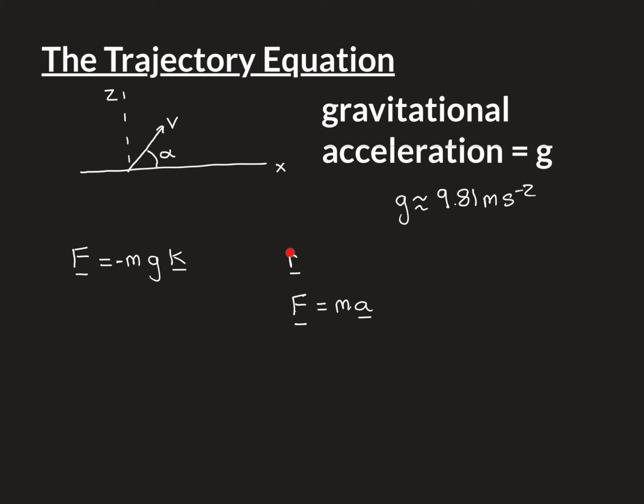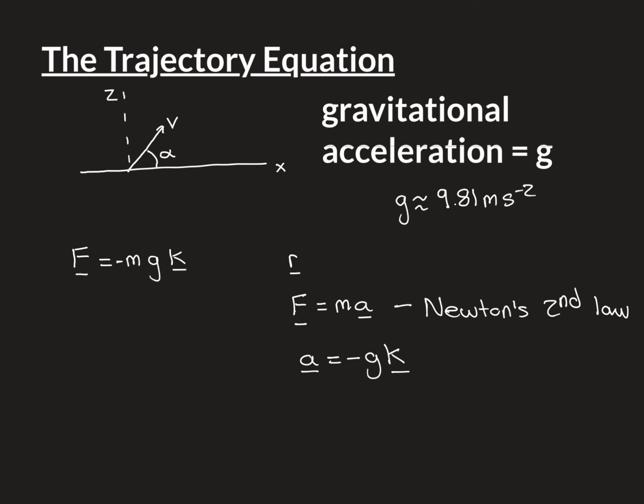If you differentiate the r vector, you get the velocity vector, and if you differentiate the velocity vector, you then get the acceleration vector. We can get the acceleration vector using Newton's second law, which says that if you know the force vector that a particle is experiencing at any time, then the acceleration vector is equal to that force vector divided by the mass.